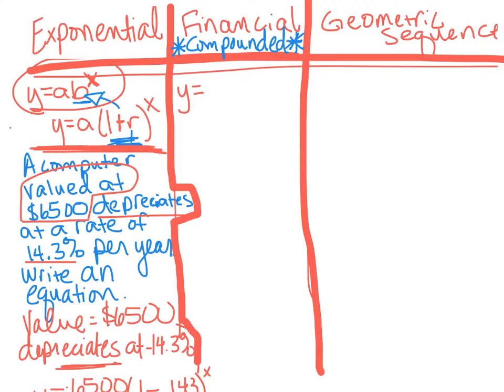If you see that word, then you are going to use the formula y equals a times 1 plus r over n, to the nt, where n is the number of times your interest is compounded in a year. That is really the only thing special here.